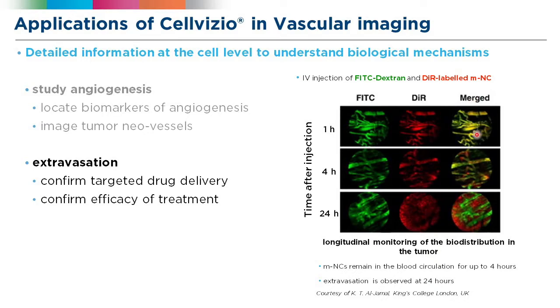And the third column is the merge of those two images. So what you see here is the biodistribution of those nanoparticles in the tumor, and you see that at 4 hours those nanoparticles remain in the blood vessels, but after 24 hours they extravasate.